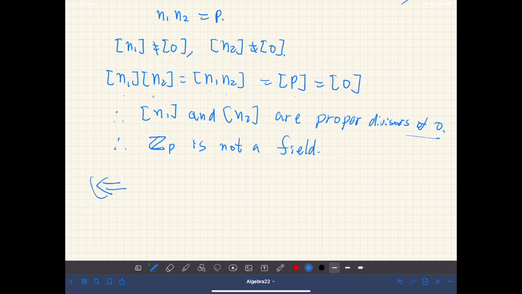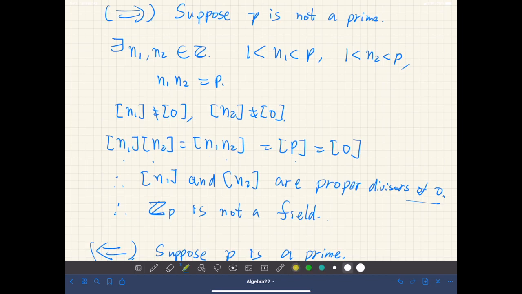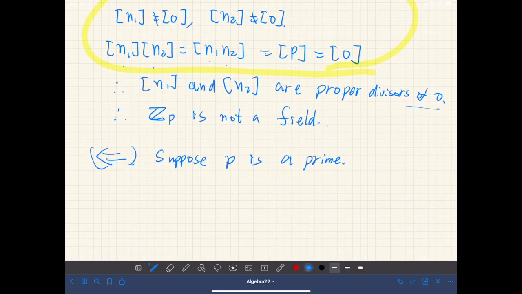And next, the if part. Suppose P is a prime. Then by these arguments, we can see that there are no proper divisors of 0.